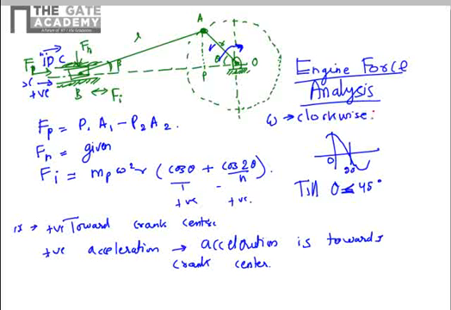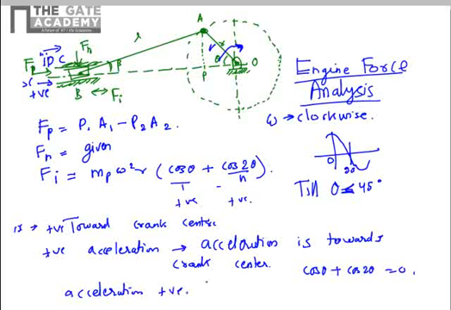So for that we get, up to 45, the acceleration is positive, towards the crank center. After theta greater than 45, up to some extent the cos theta will remain positive, but the cos 2 theta will start to become negative. Up to the point where cos theta plus cos 2 theta by n is equal to 0, the acceleration will be positive.